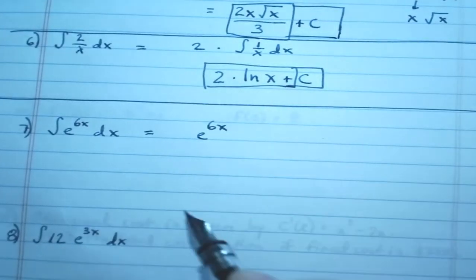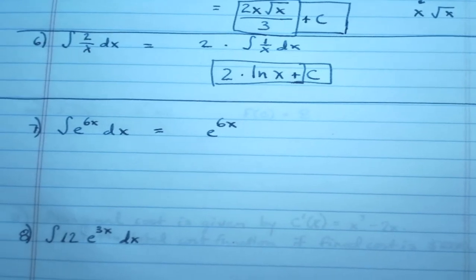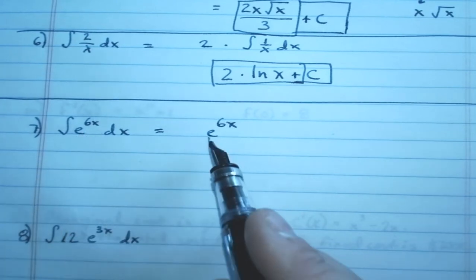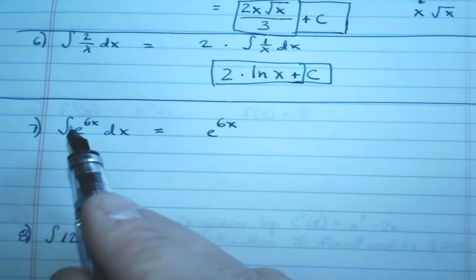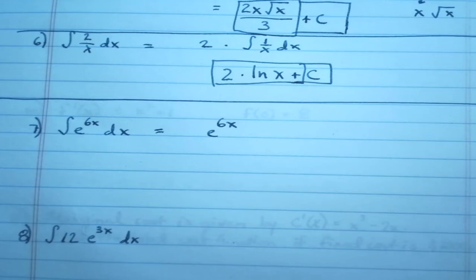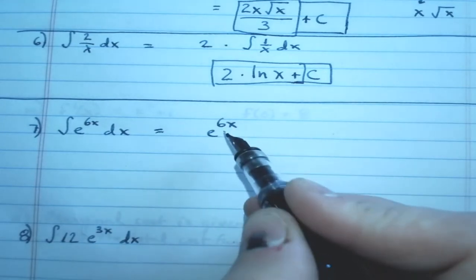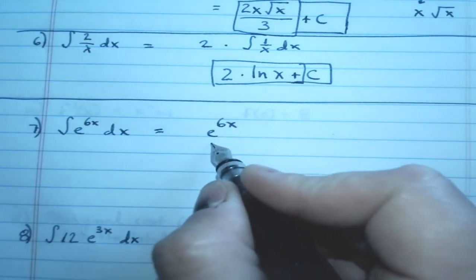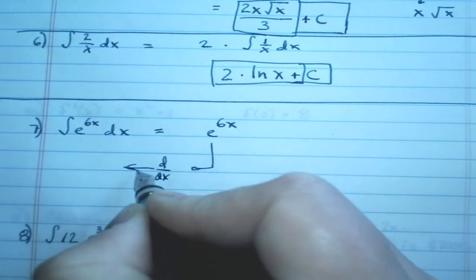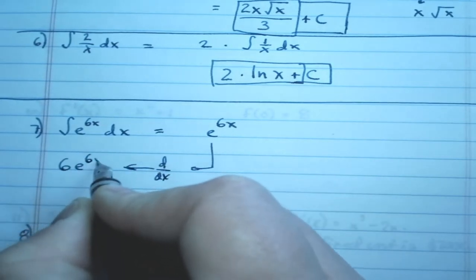Okay, so this will be e to this. The derivative of e to the 6x is e to the 6x, and then you have to work out the coefficient. Same thing with the antiderivative. The antiderivative of e to the x is e to the x. The antiderivative of e to the 6x is e to the 6x. But if I took this derivative, it would be 6e to the 6x.